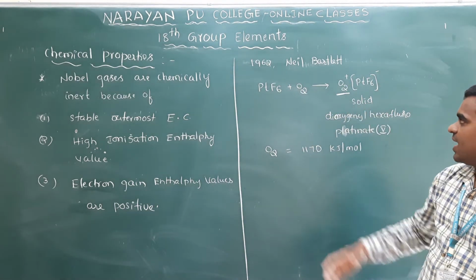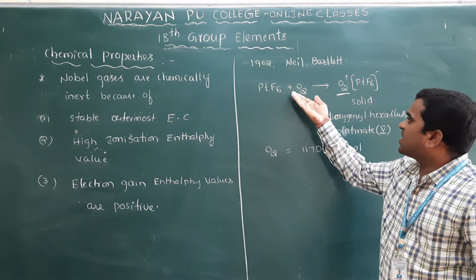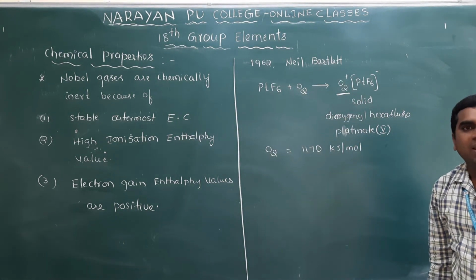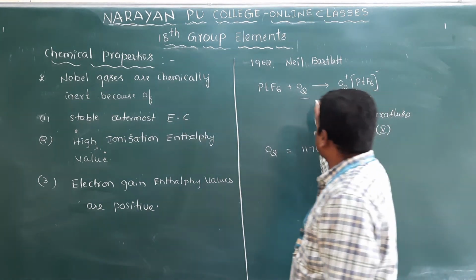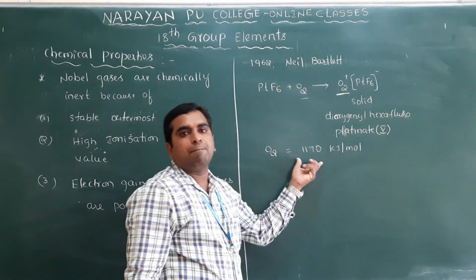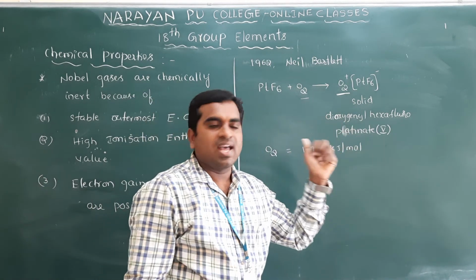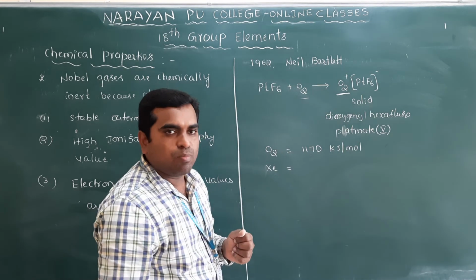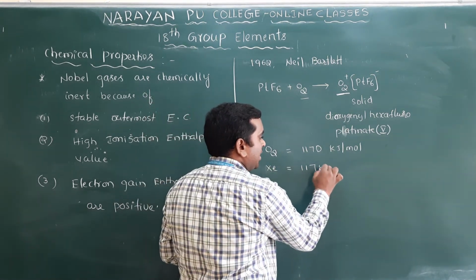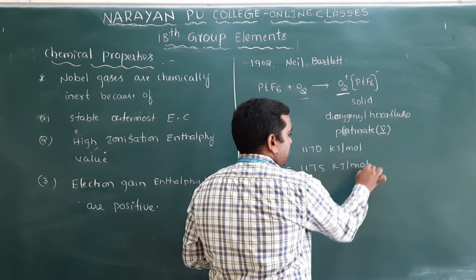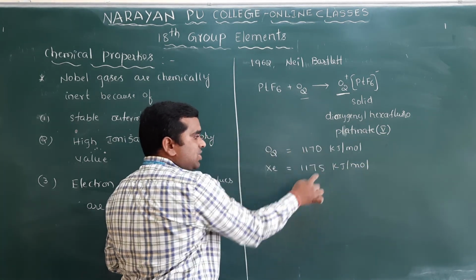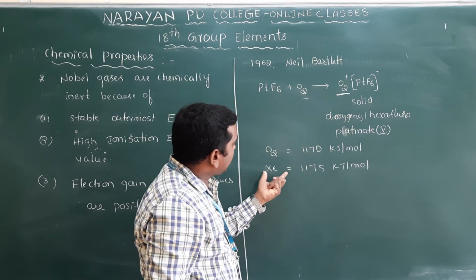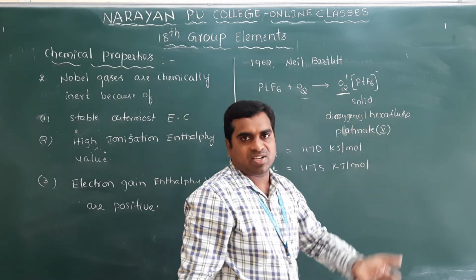He compared the ionization enthalpy values of oxygen with noble gases and identified that xenon has almost equal ionization enthalpy, 1170 and 1175. So he thought that xenon may also give this type of reaction.